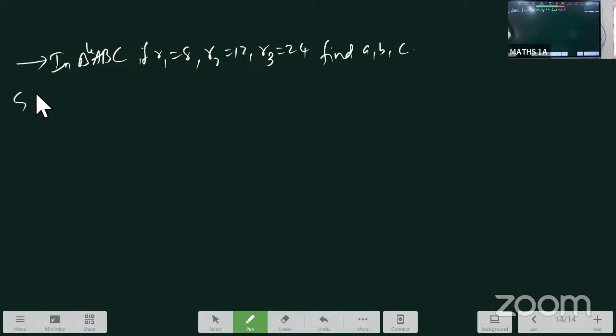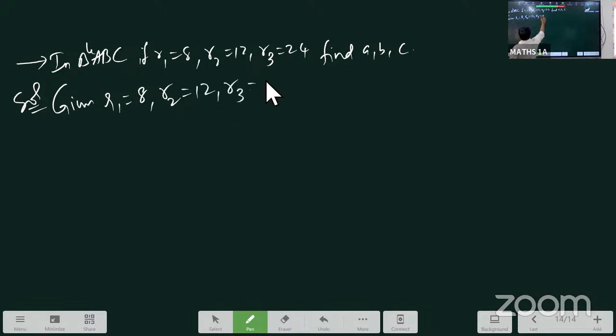See the solution. In the previous problem, R1, R2, R3, and r were given. Now in this problem, only R1, R2, R3 are given. So given R1 is 8, R2 is 12, R3 is 24.